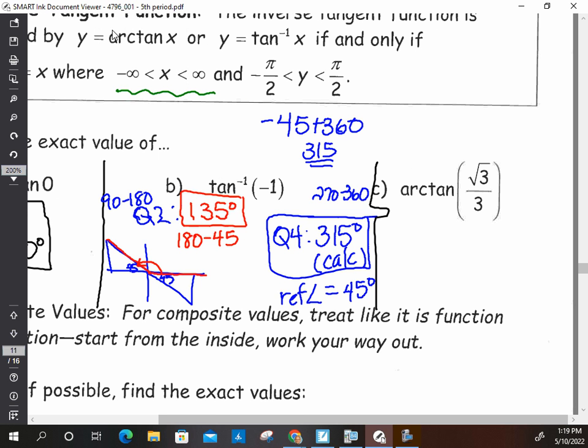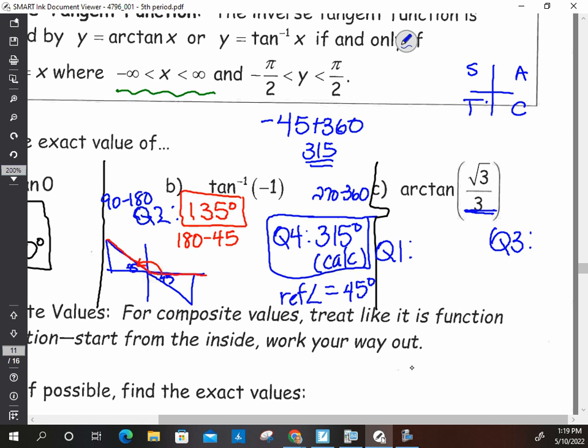All right, well, what quadrants are we working with here? So remember, tangent's positive in quadrant 1, and then all students take calculus. We're also in tangent in quadrant number 3.